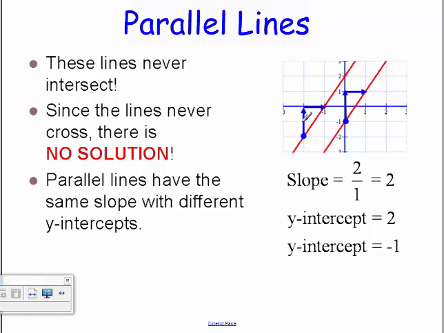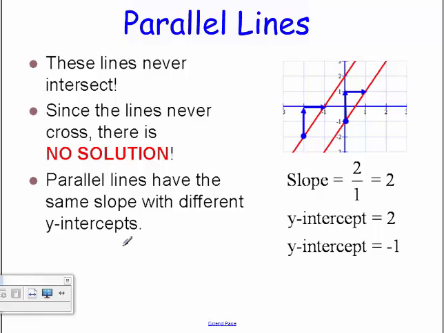Note that these have a slope of 2 over 1, but the top line has a y-intercept of 2, and the bottom one has a y-intercept of -1. So parallel lines will have the same slope, but different y-intercepts.